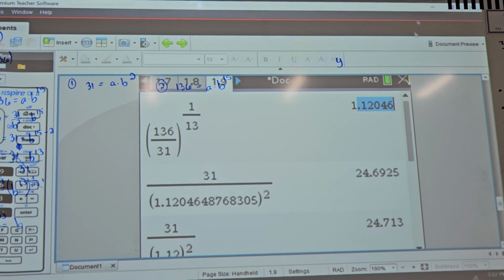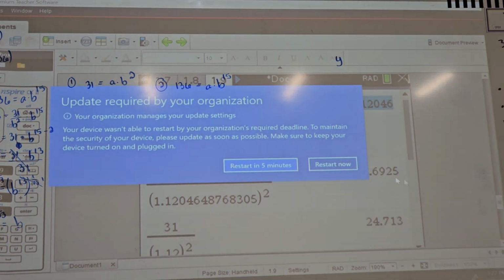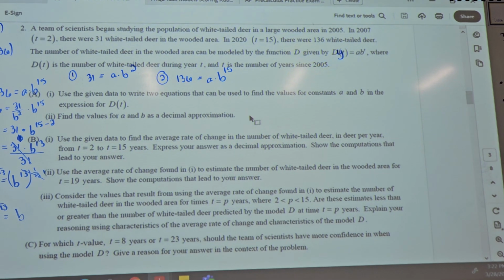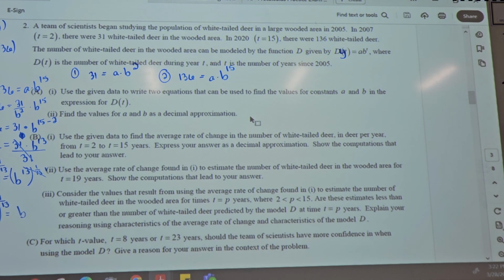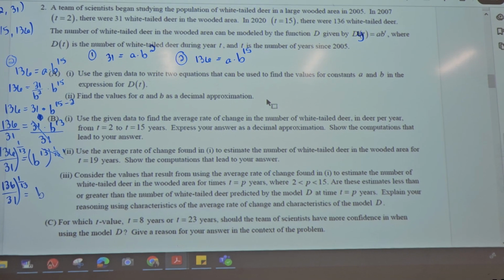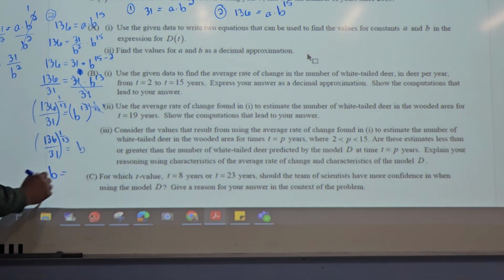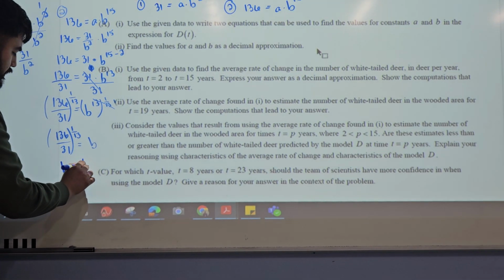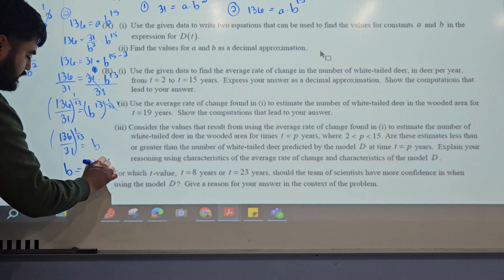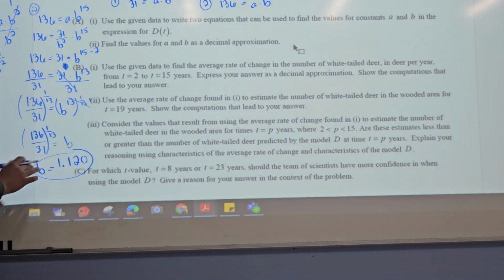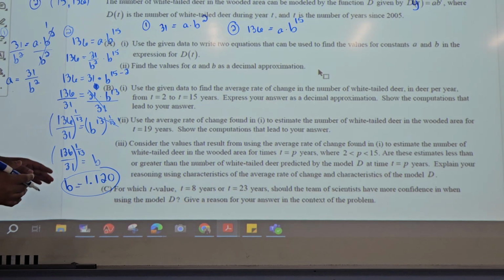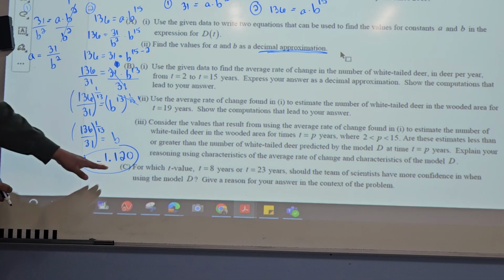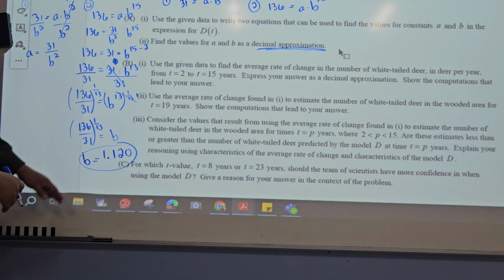The answer would be no. Because if you go here, we solved for B. B was whatever B was right now, 1.120. So this one, yes, for sure, because we have to do decimal approximation. But in order to solve for A, we're still not going to approximate, right?